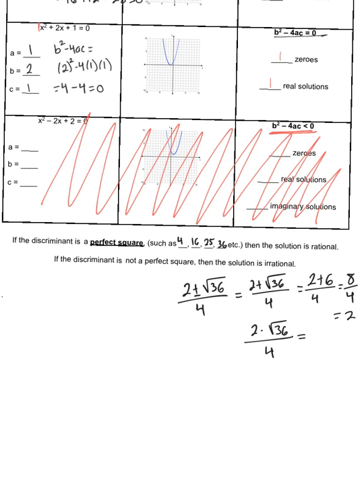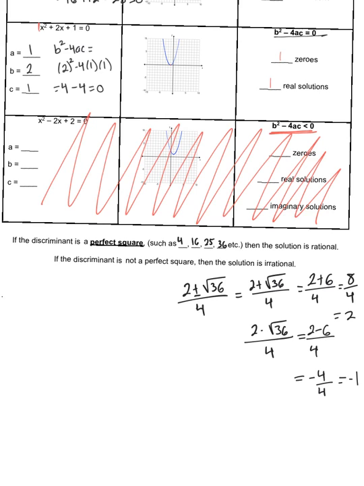On this one, I have 2 minus 6 over 4, which is negative 4 over 4, gives you negative 1. Those are both rational numbers, meaning they don't have an infinite amount of decimals behind them. If you put them in decimal form, that can't be rounded. It's a whole number, it's a rational number, okay?